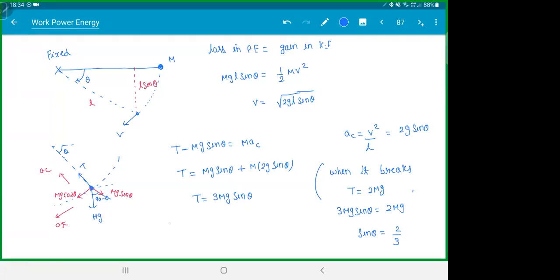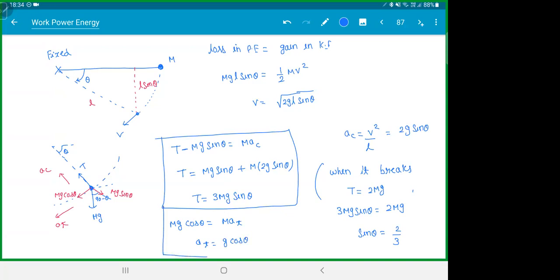And what is A tangential? mg cos theta is m into A tangential. This is one part and this is one part. This is one equation here. And A tangential is g cos theta. And this is the second equation here.